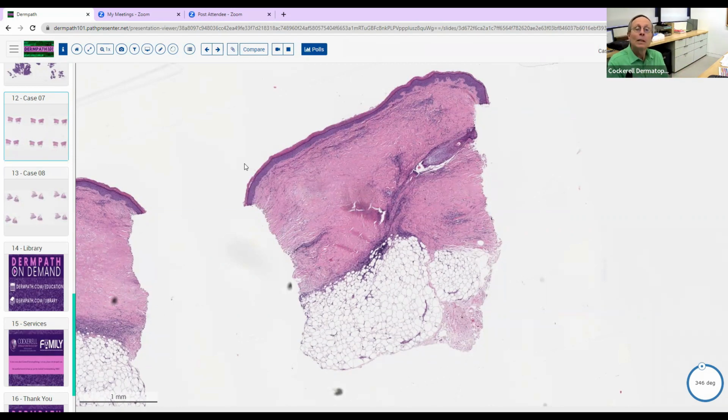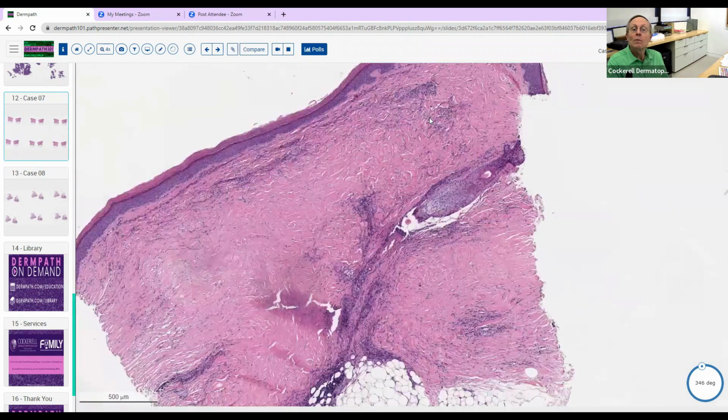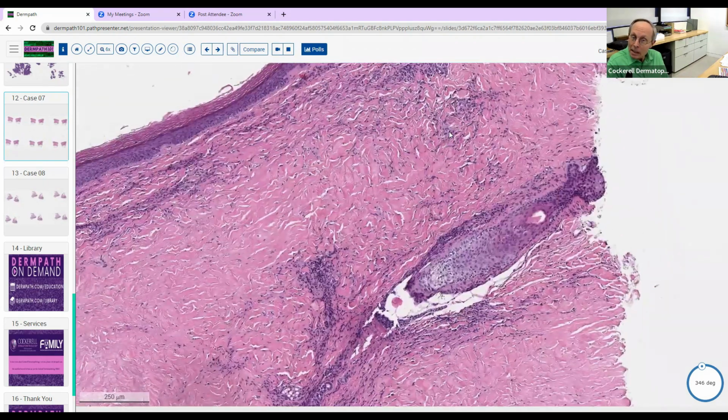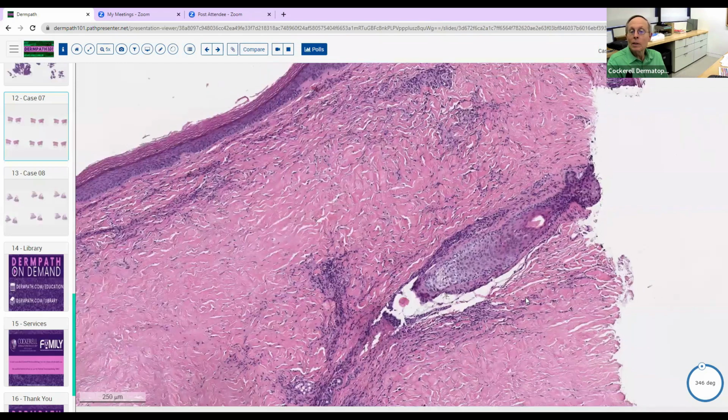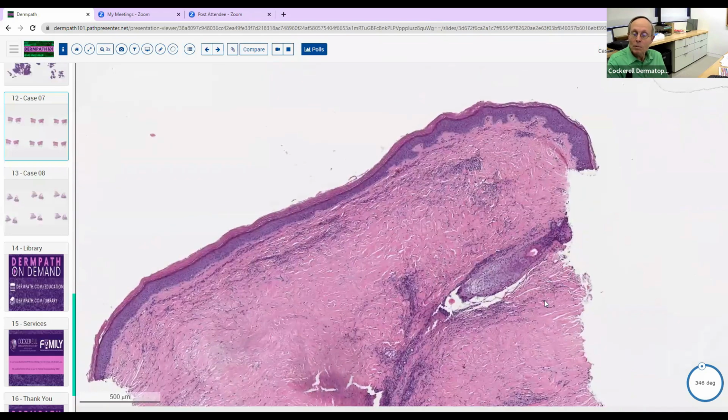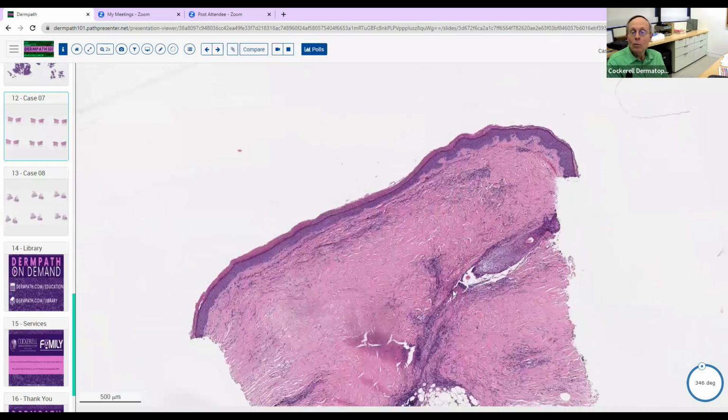Then you use these other clues, and you see the granulomatous inflammation up here. Notice these histiocytes are between and among the collagen bundles. That's one of the ways palisaded granulomatous inflammation develops. And here you've got it forming this so-called layer cake morphology.